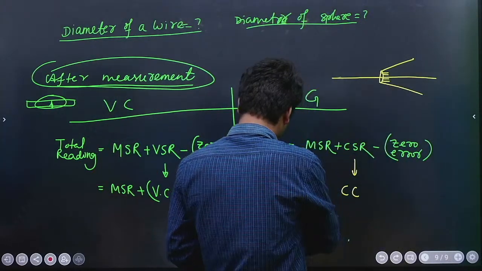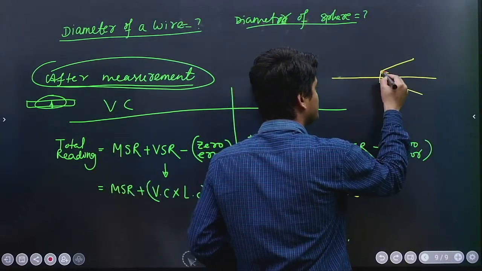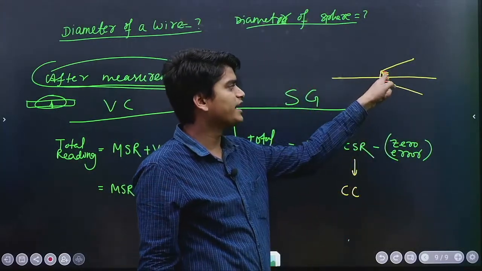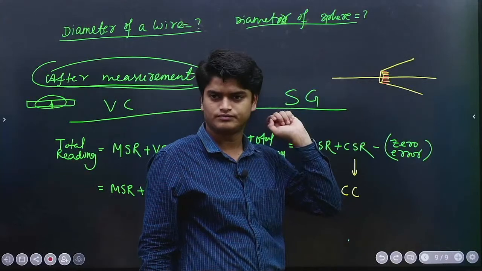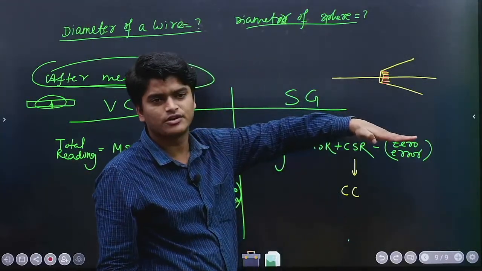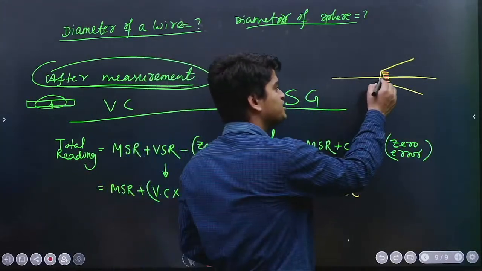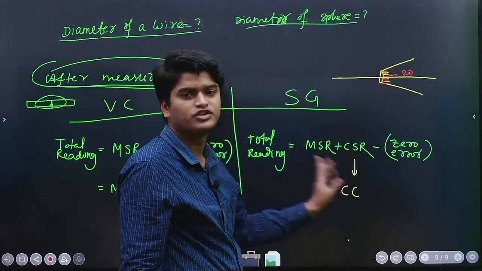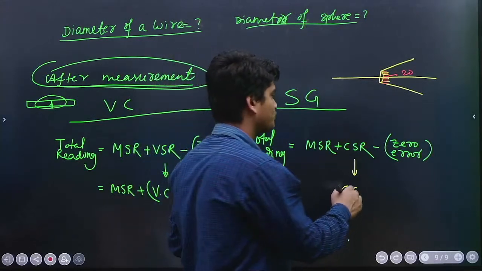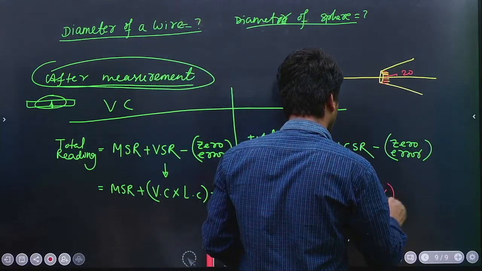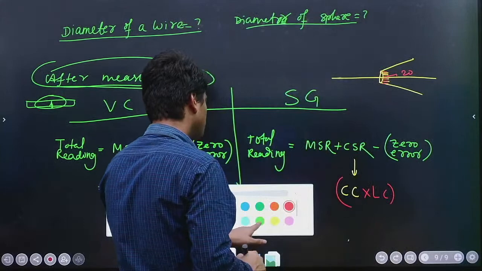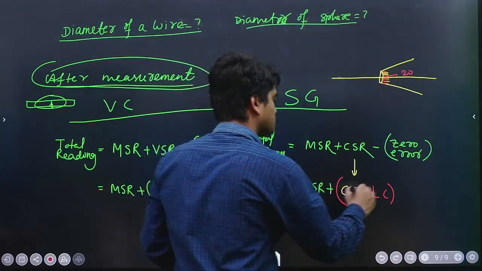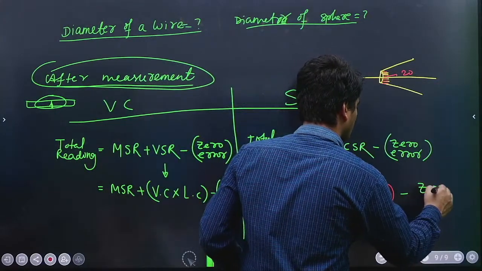The circular scale division, red color, is matching with the reference line of the main scale. Suppose this number is 20, then this 20 will be the circular coincidence, into least count.